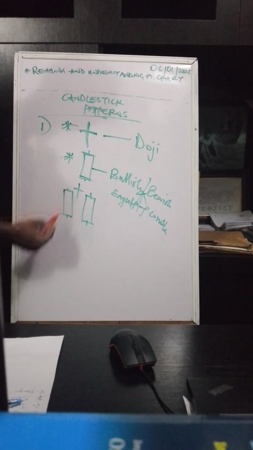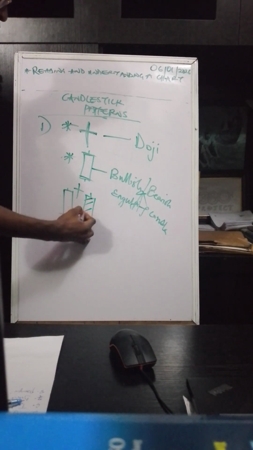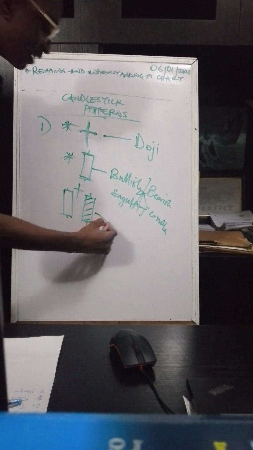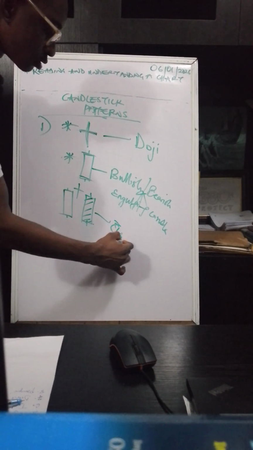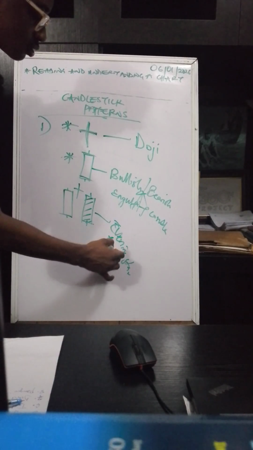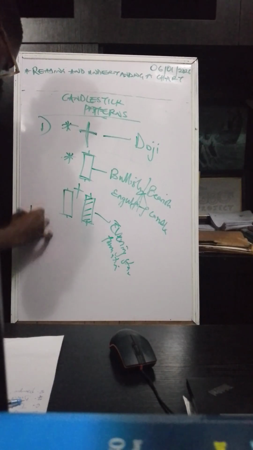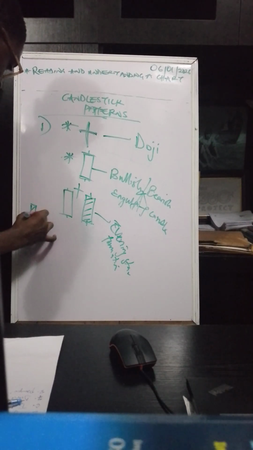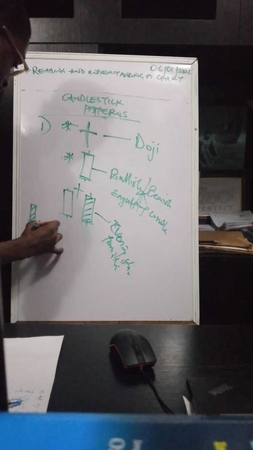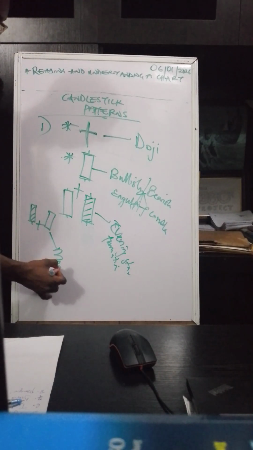Now this formation, this one will be bullish, and this one will be bearish. So this is called an evening star formation. And the reverse would be called the morning star formation.